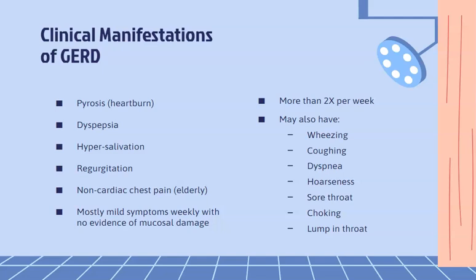Most of the times, clients with GERD are going to have mild symptoms. They'll happen a couple times a week, nothing significant. And the exacerbations of this are not going to be severe enough that they're going to cause mucosal damage to the esophagus. So there's no evidence really that they have GERD, just that their symptoms kind of fit into this diagnosis. And they'll try maybe some over-the-counter medications first.